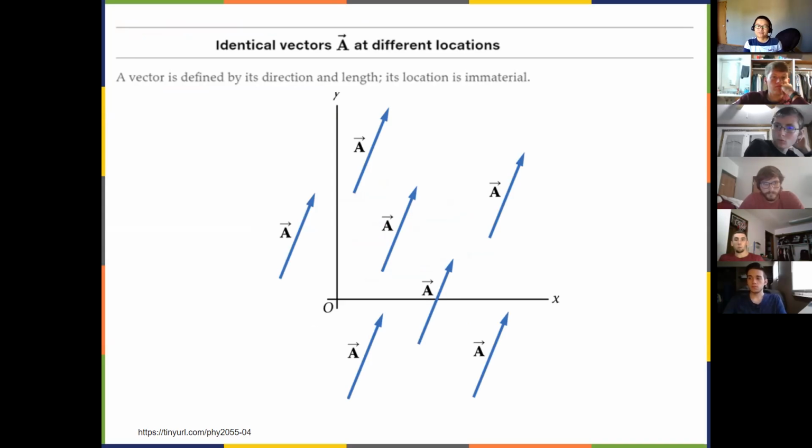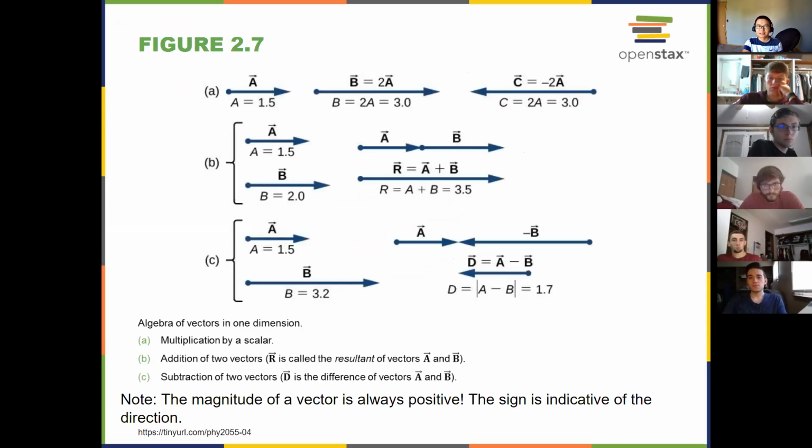It doesn't change the vector itself, as long as you keep the magnitude and direction the same. For two vectors to be identical, they have to have the same magnitude as well as point in the same direction. So these are some examples for two vectors, and multiplying a vector by a scalar.